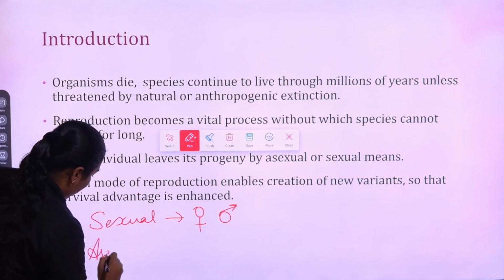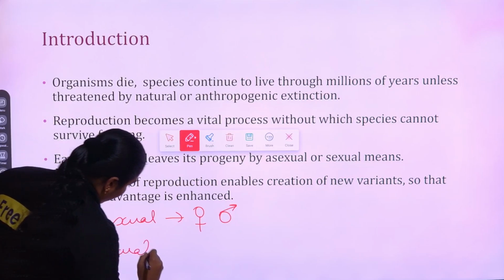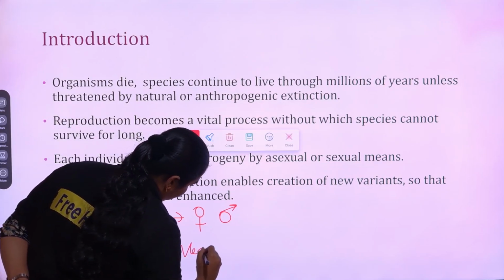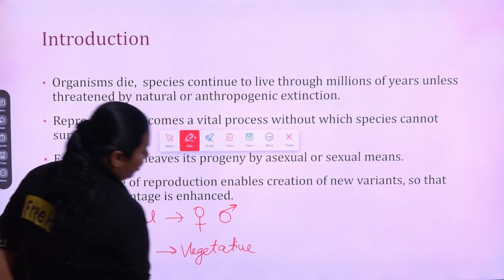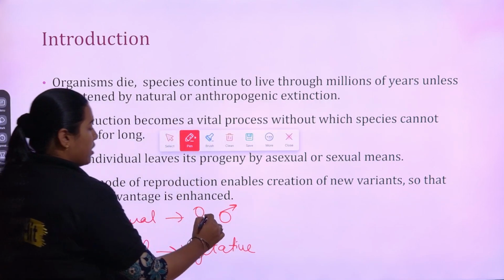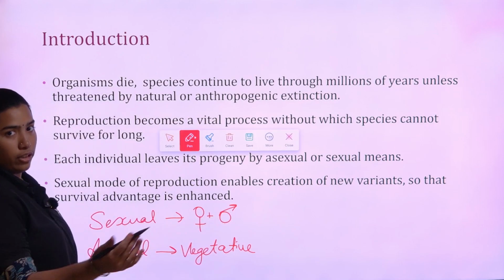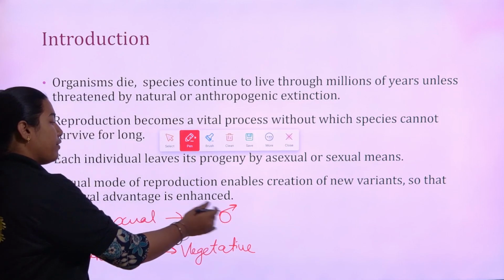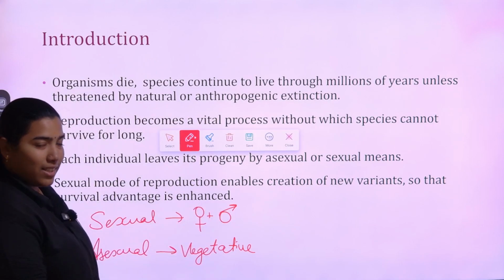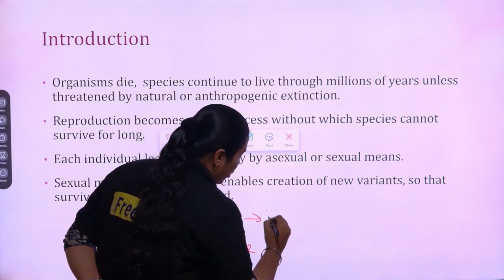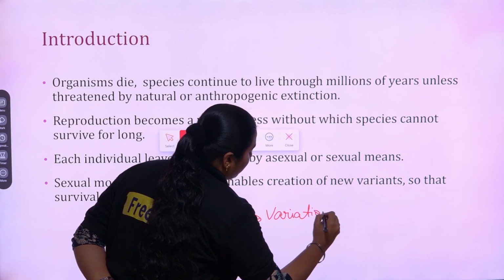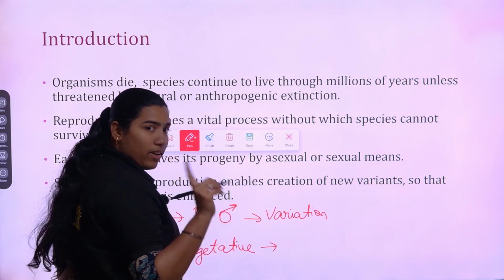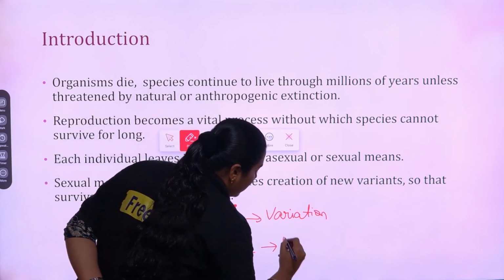In asexual reproduction, only a plant or animal's vegetative body is involved. In the sexual case, since we combine two genders with two different genetic materials, we mix them up, so variation arises. But in the second case, since only one individual is involved, there is no variation.